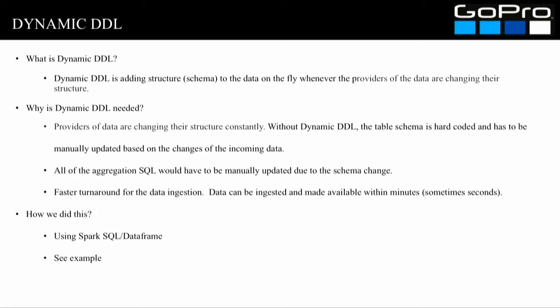If the incoming data structure changed, we have to manually update these aggregation cycles. That usually takes some people maybe a day or two to update, then deploy again on the cluster. We want a faster turnaround of the data ingestion. We don't want to leave this tedious job for people to do. That's why we introduced this dynamic DDL.